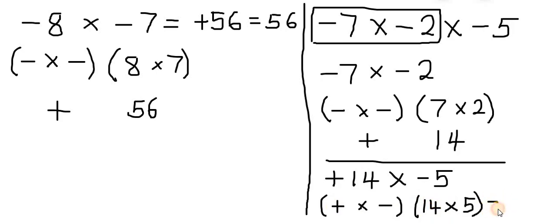So that will equal to plus times minus from the rules. That gives you a minus. 14 times 5. That will give you 70. So your final answer for those three is equal to minus 70. Now, you might be thinking, what about division? Is it any different? Let's see that.